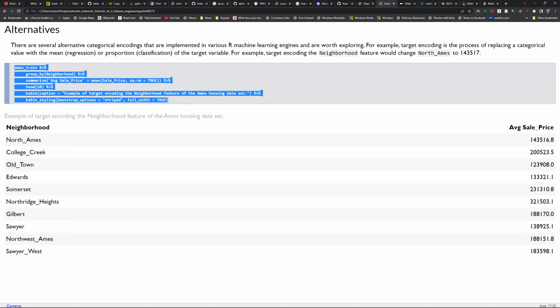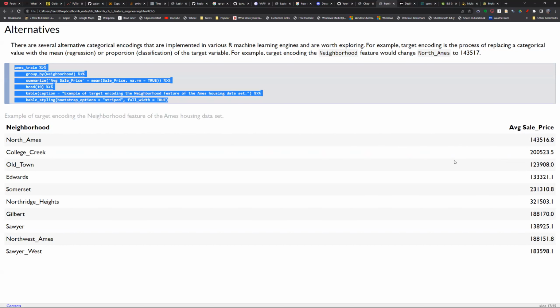The sale price is the target, the response variable. You can create an average and then assign that average to each of the levels of the neighborhood. You can then use that mean sale price as a type of encoding instead of the label. But of course, there's no free lunch, right?